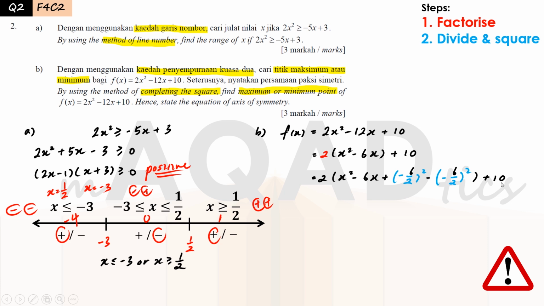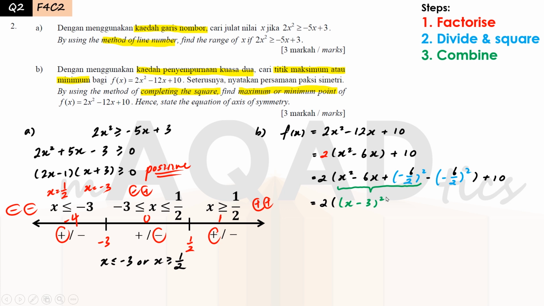The third step here is to combine. We are going to combine the first 3 values that has square, so for example, x here and -6 divided by 2, which is -3. For the rest of the things here is just normal simplifying.